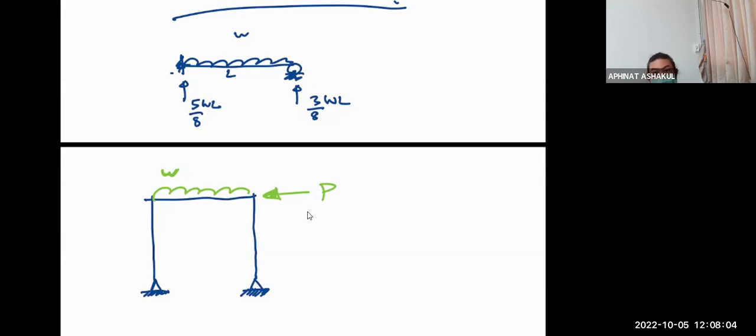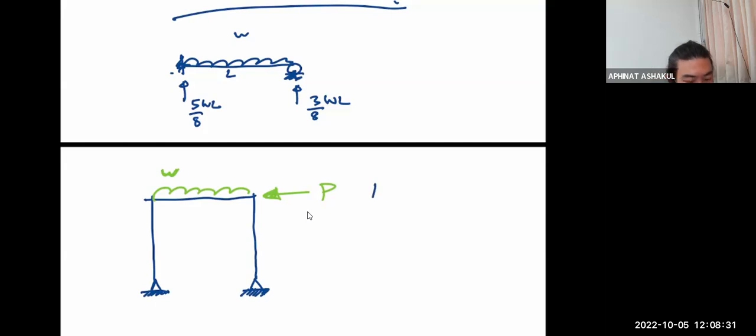Same concept, isn't it? All right. So again, first step is just to determine what kind of structure do we have.